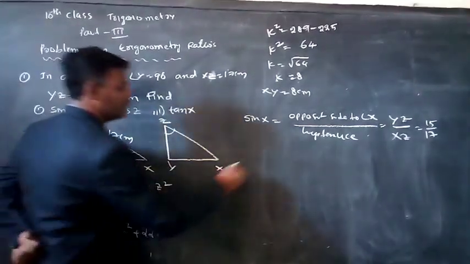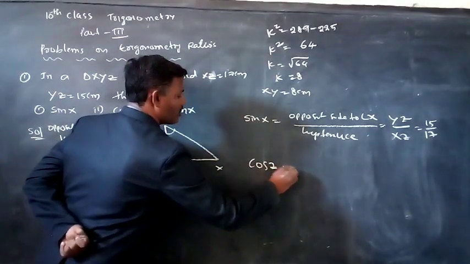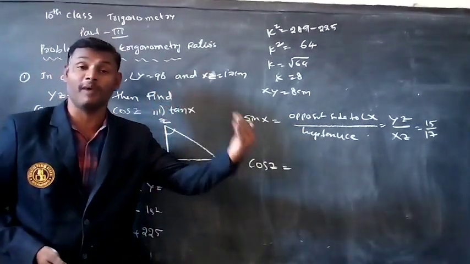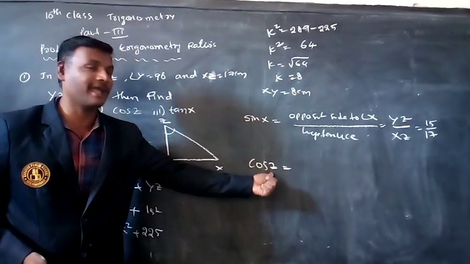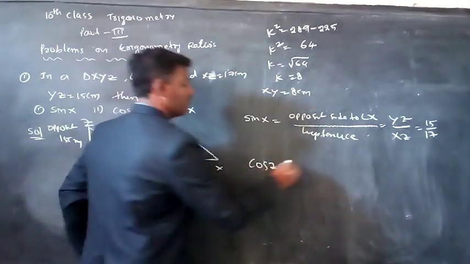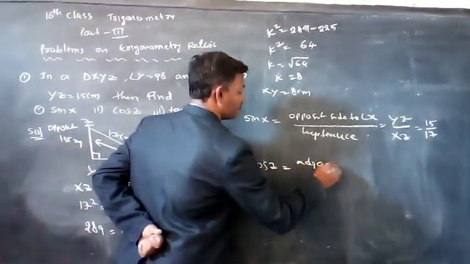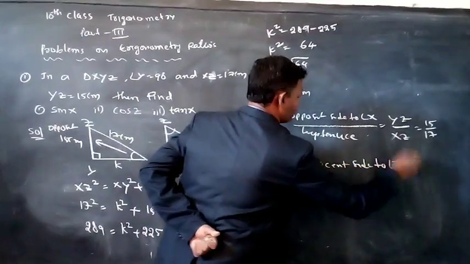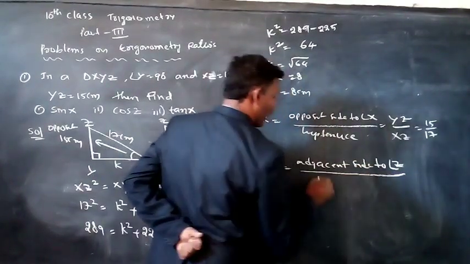Next, what do I need? Cos z. Cos z means, what is the formula of cos theta? Adjacent side to angle theta by hypotenuse. Here what is the angle? Z. What can we write? Adjacent side to angle z by hypotenuse.